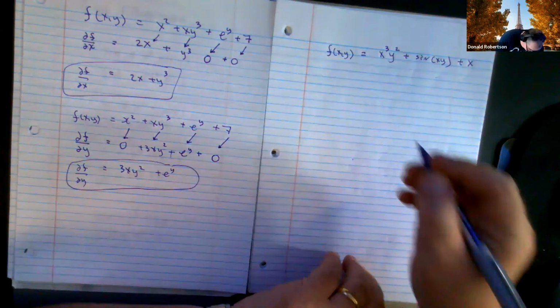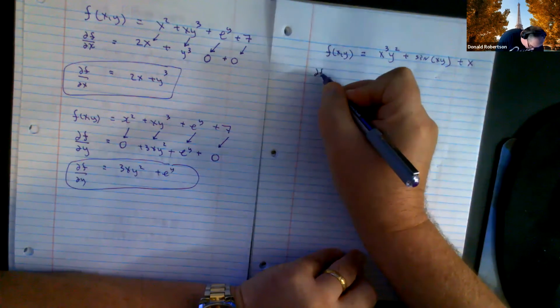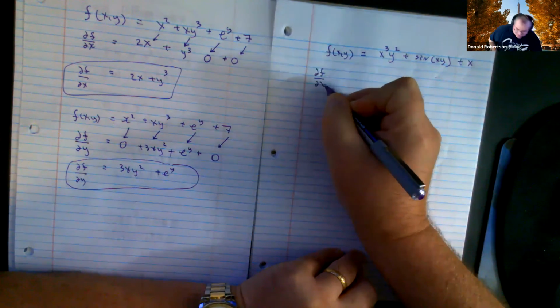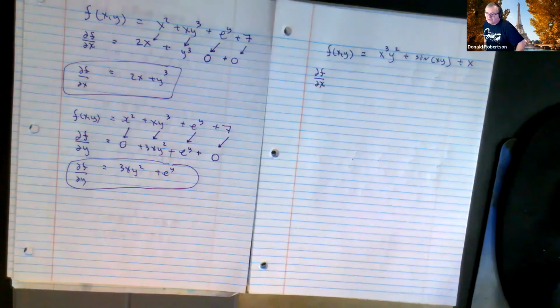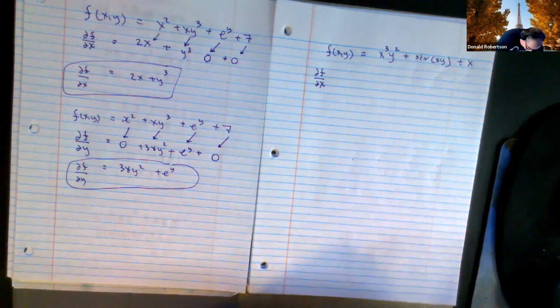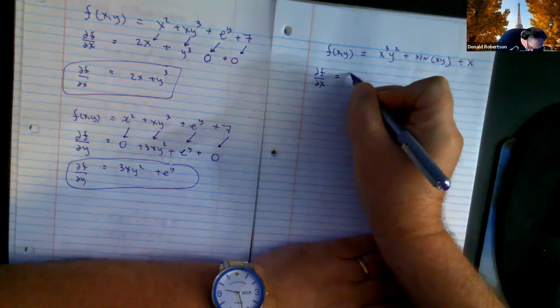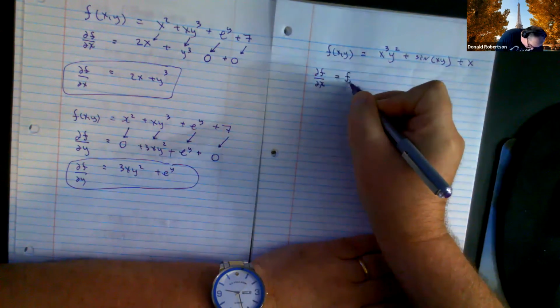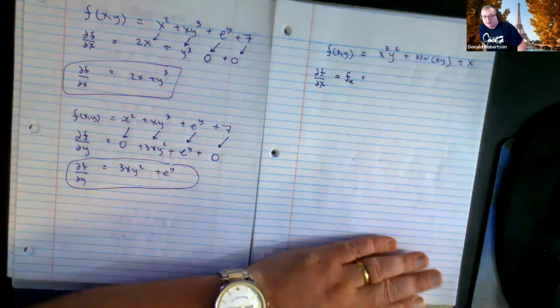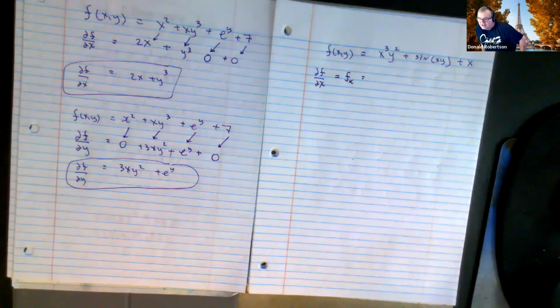Now, there is the notation for the partial derivative of f with respect to x, but it also has this notation, which I actually kind of like. It's an f with a little baby subscript x.